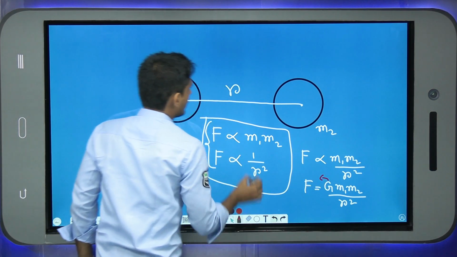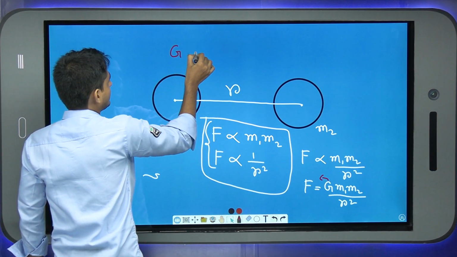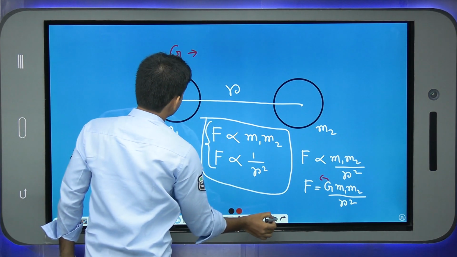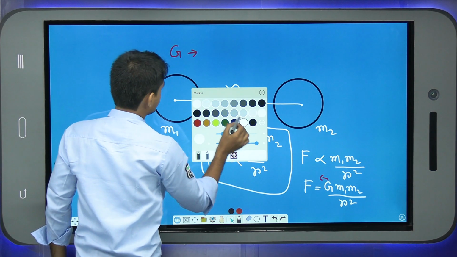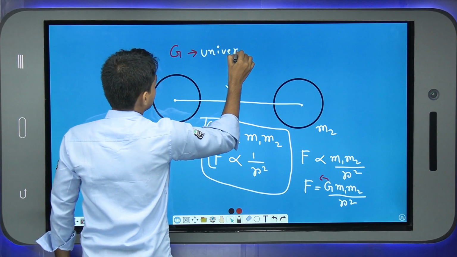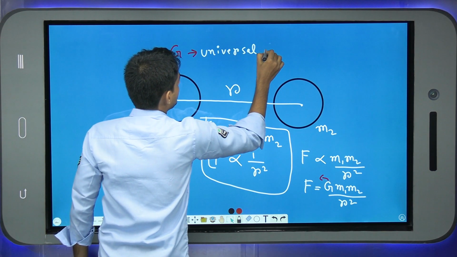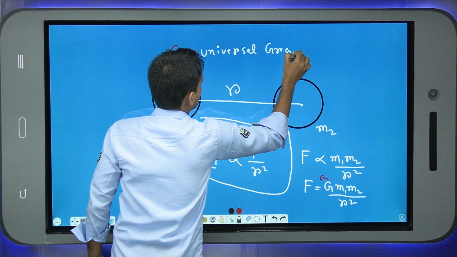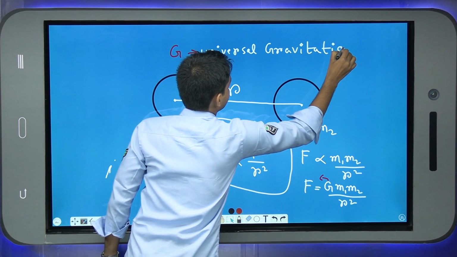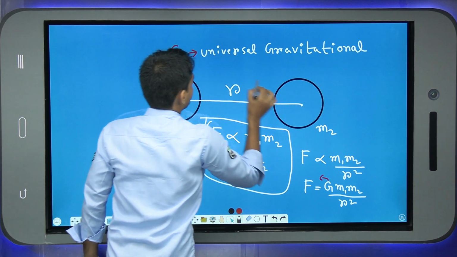It is the universal gravitational constant.